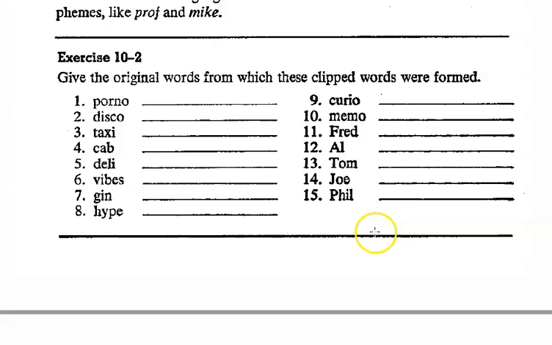It can be cut in different ways. But I want to add Liz here to show you that we can cut from the beginning and from the end at the same time, in the same word. So Liz is Elizabeth. It starts with an E. We have cut the E and we have cut the Beth. We only left Liz.